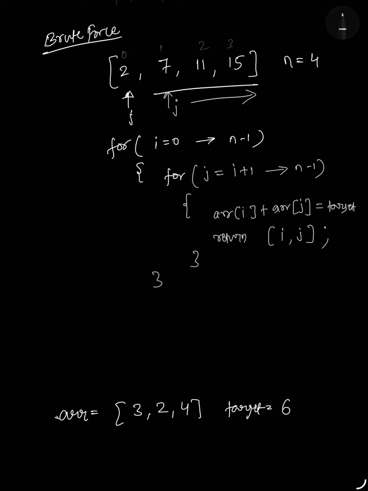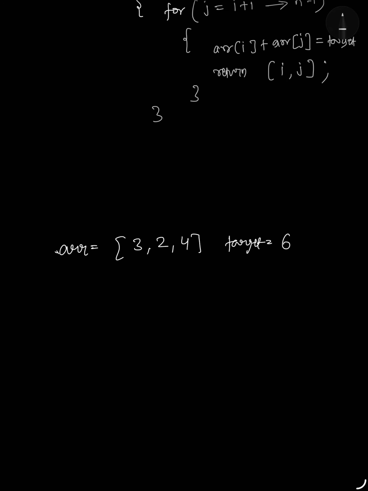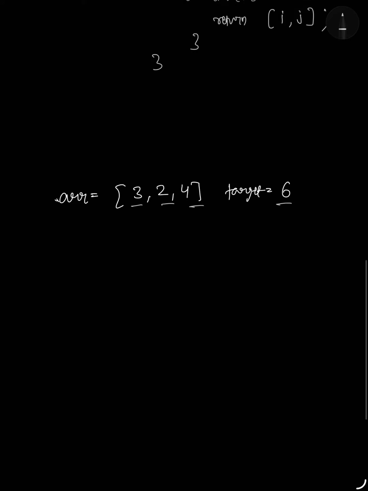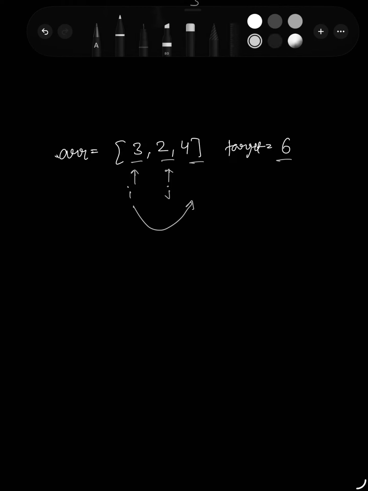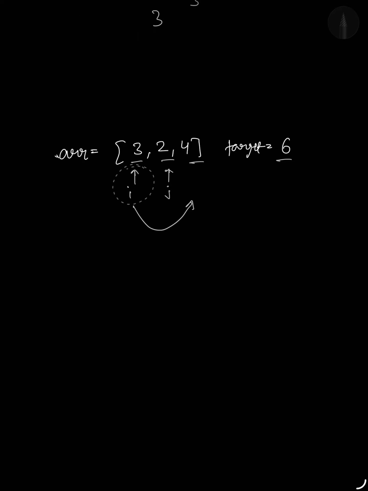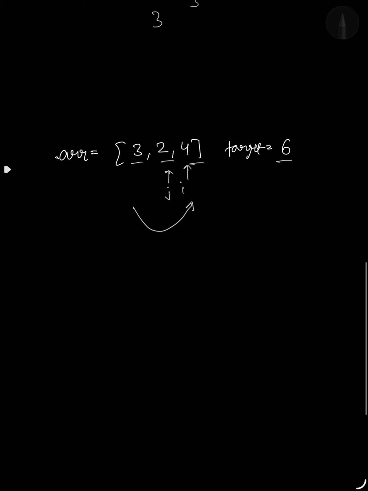There is one edge case which we have to think of. Take another example: the array 3 2 4 and the target 6. If I start my i position from here and j from here, then when i is at the last position, n minus 1, this is the last index we can have.